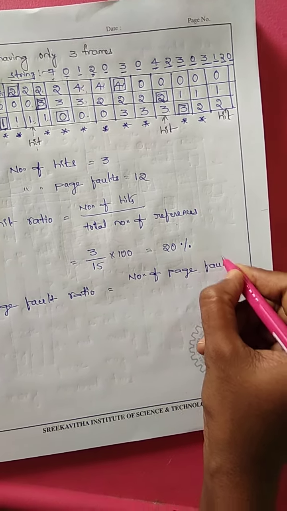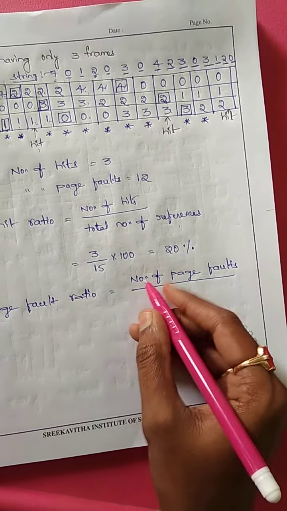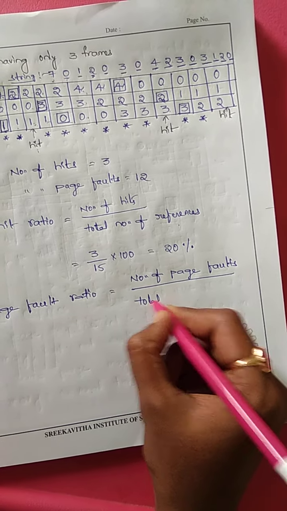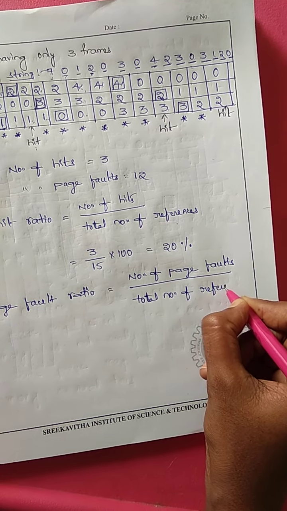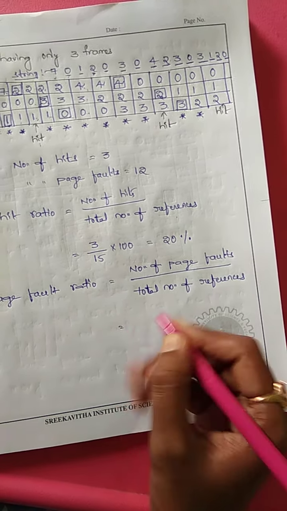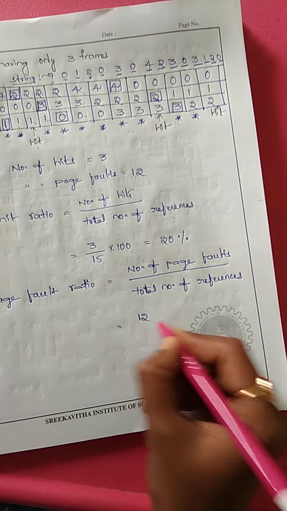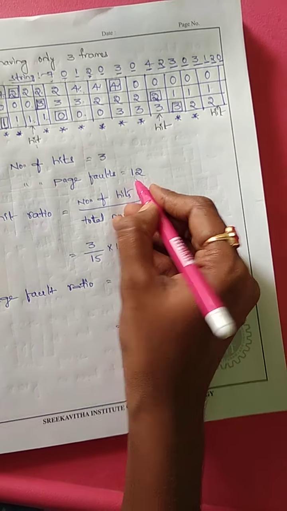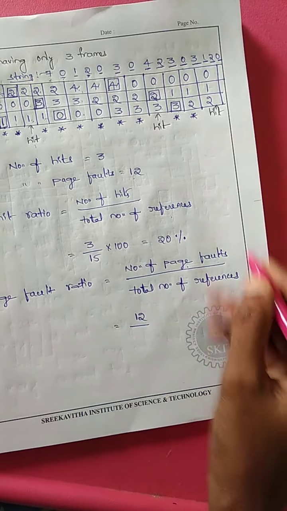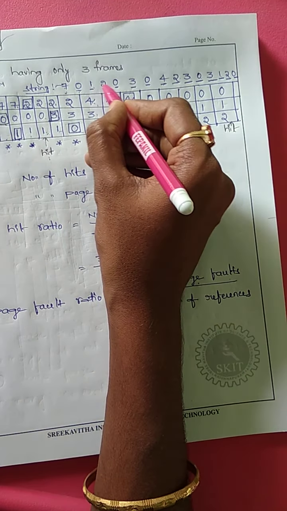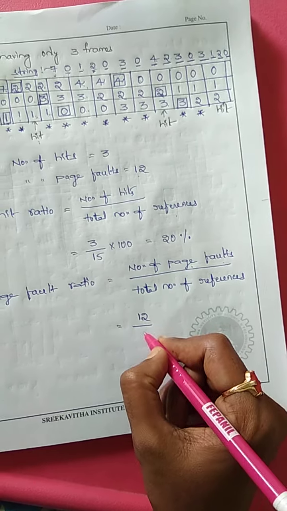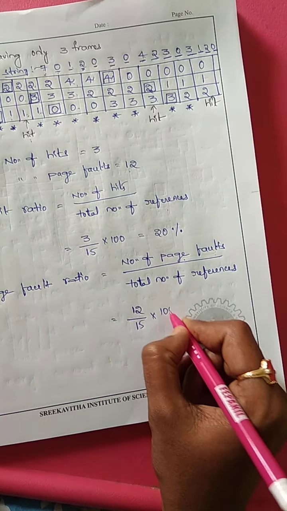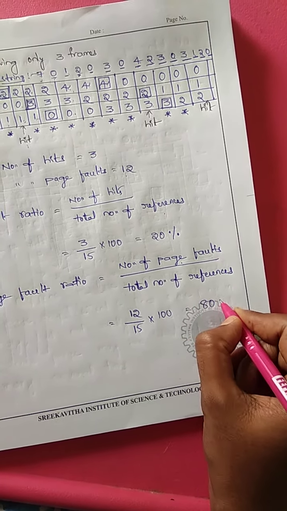In the same way, we can calculate the page fault ratio, which is equal to number of page faults by total number of references. Here the total number of page faults is 12, by total number of references 15, into 100, and we are getting 80%.